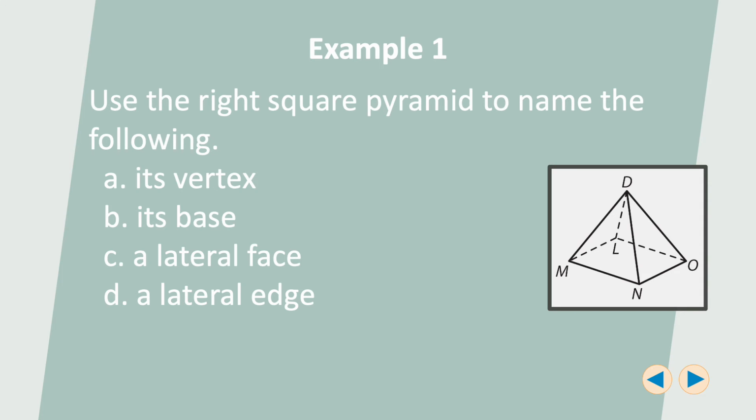Okay, first example. We have a right square pyramid over here, and we're just going to practice labeling it. What would we call the vertex? Remember that the vertex is a point, so we're just going to call it by its capital letter, D. Okay, how about the base? Its base is a square that was given.